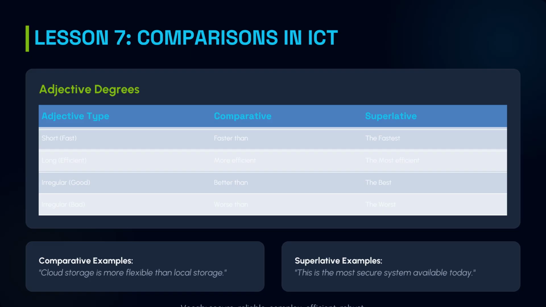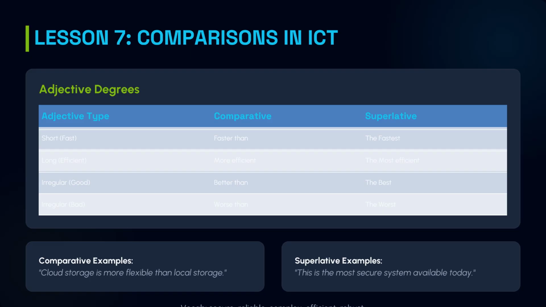Moving to lesson 8, we have spoken about comparison in ICT. In your career, you will often have to justify why one system is better than the other. This requires comparatives. Remember the short versus long rule. Fast becomes faster, but efficient is a long word, so it needs more efficient.